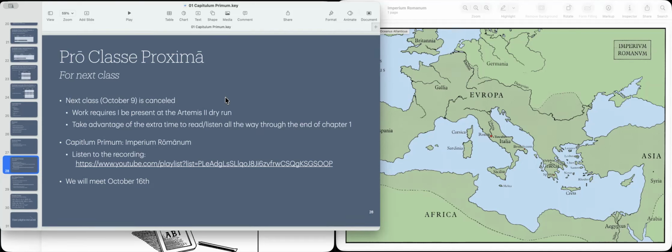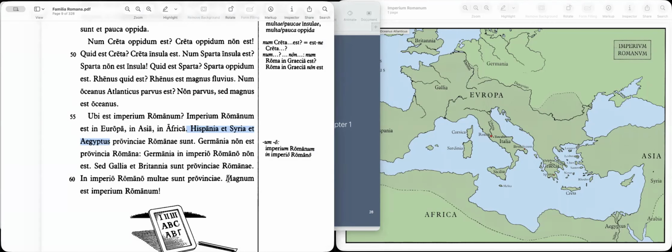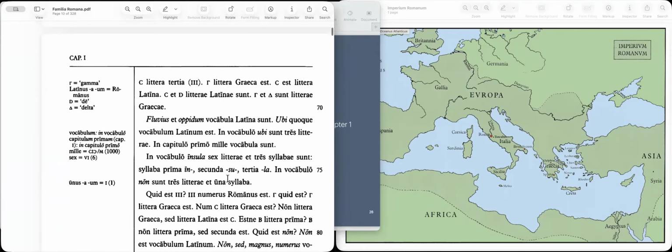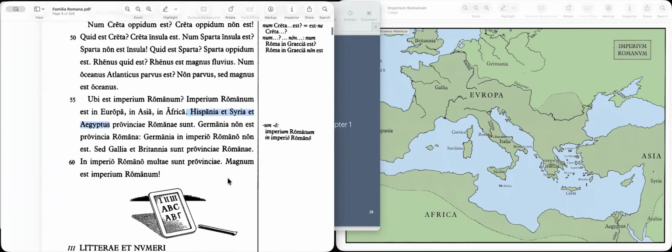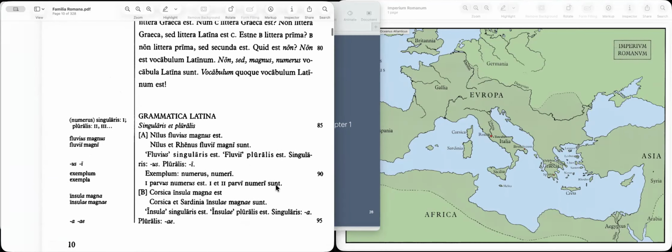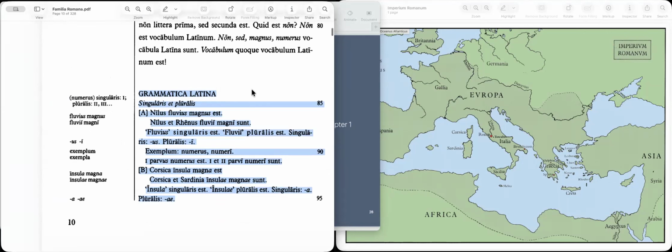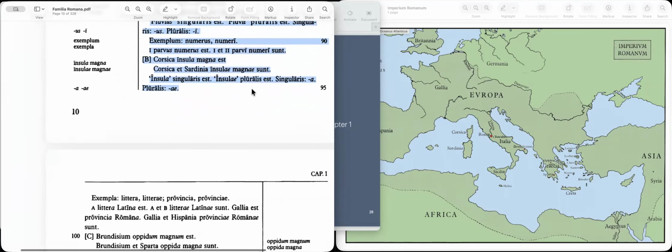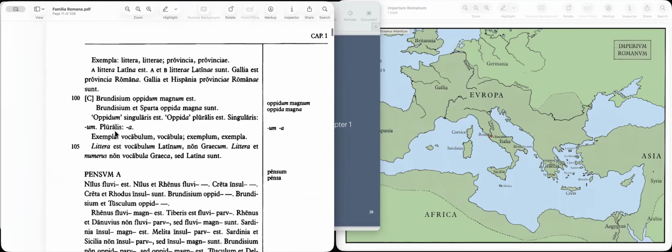Go back and reread through chapter 1, what we covered, but then work on section 3. I recommend you work on reading and listening. If you have a little bit of time, go ahead and read the Grammatica Latina. I will go through that in quite a bit of detail, so I'm not too worried about you having to read it.